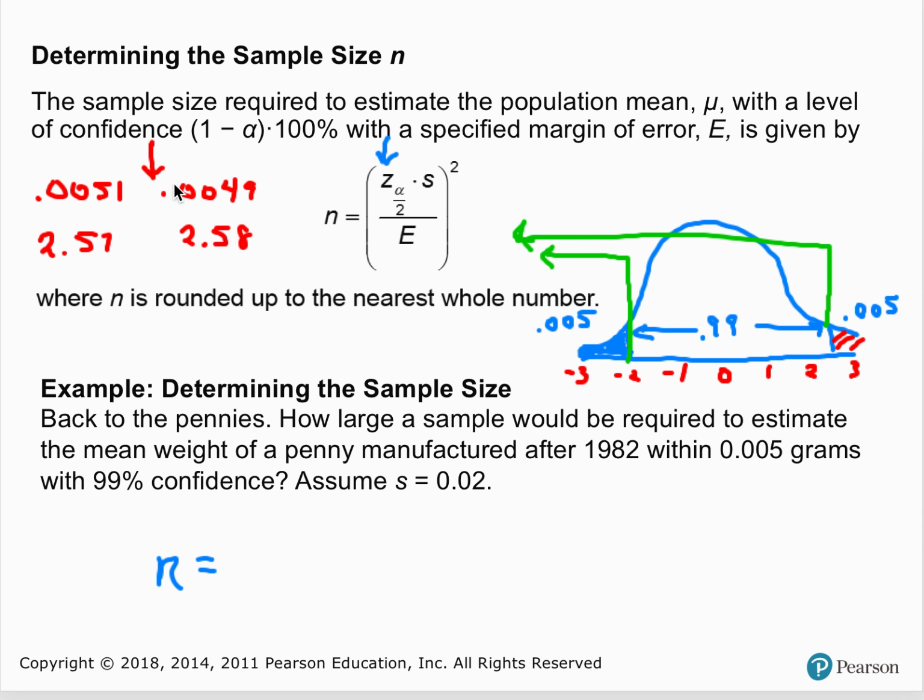Because this is exactly halfway, right, to 0.005, I'm going to go halfway in between here. So my Z sub alpha over 2 is negative 2.575. Okay, because I used the symmetry. And then times S, it tells us is 0.02. And the margin of error that we want is 0.005. So let's plug that in our calculator.